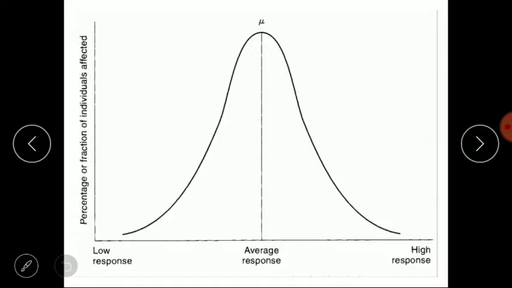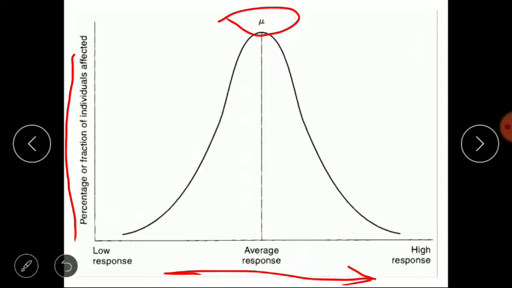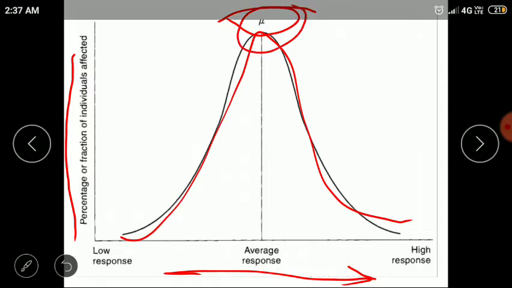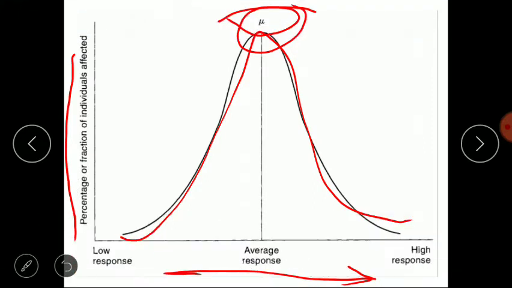From that equation we get this type of curve. This is the mean, this is the percentage or fraction of individuals affected, and here the responses are plotted. This is the curve after the test run, and we will always get this type of curve with some mean.